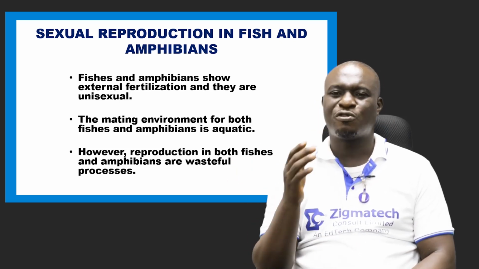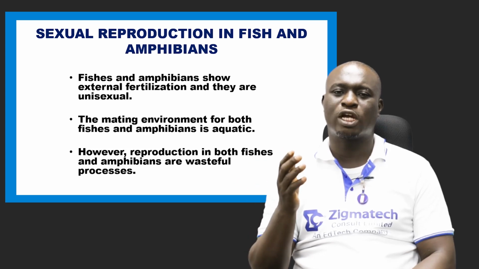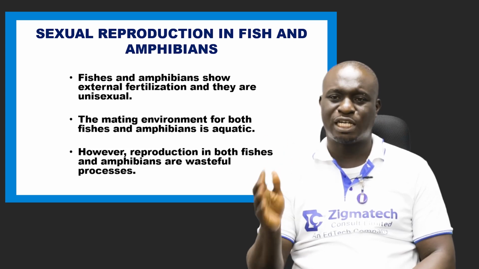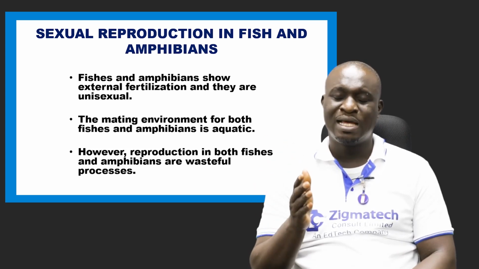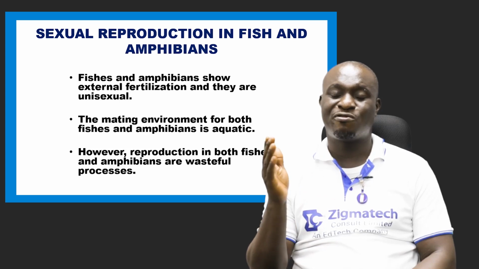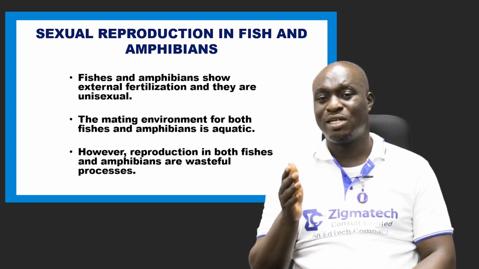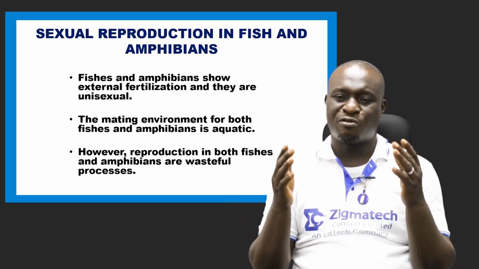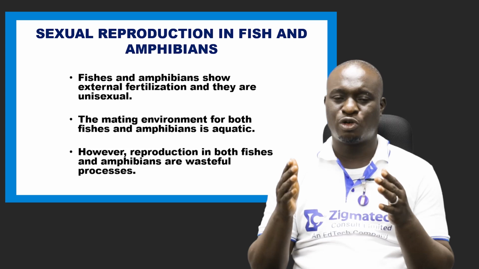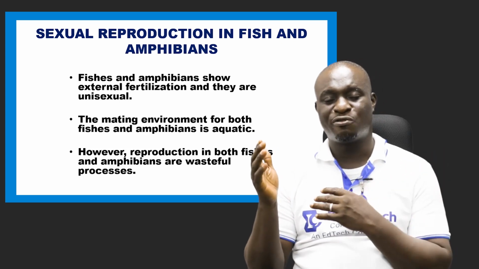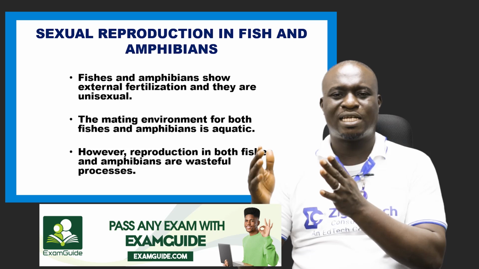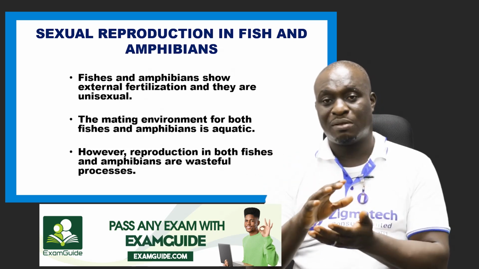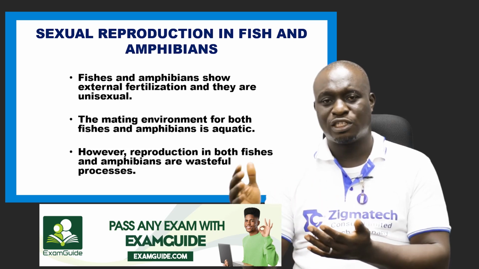Now, in terms of fish and amphibians, they show what we call external fertilization, and they are all unisexual. They are unisexual, and they undergo external fertilization. Now, how does it happen in a fish? Though we're going to be looking at it in subsequent videos. For a fish to carry out sexual reproduction, a male fish pairs with a female fish, and they go to a place that is quiet in the waters, not deep but a bit shallow, and not fast flowing.